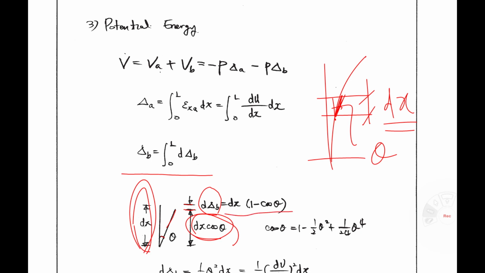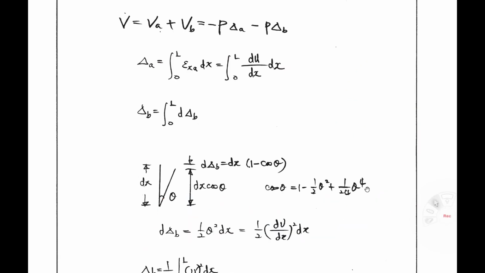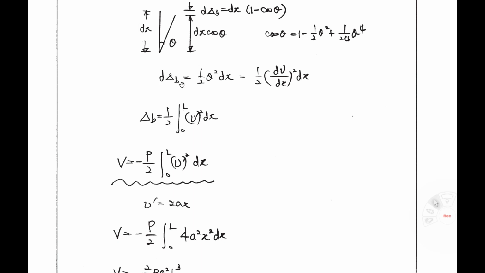If you use the power series expansion, cosine theta is this. If you input this equation to here, minus, eliminate, and then theta to the fourth, it is a higher-order term, so we can neglect this one. So we have only this term. So you get d delta b equal this one, right?